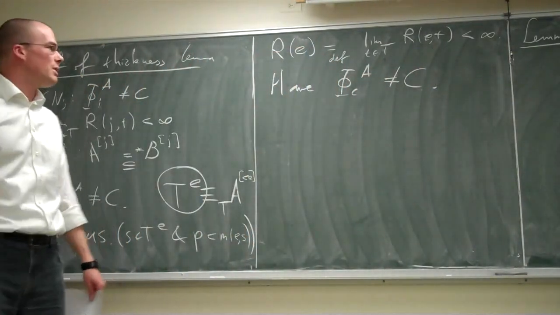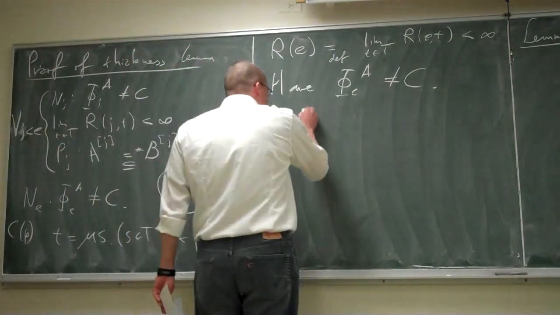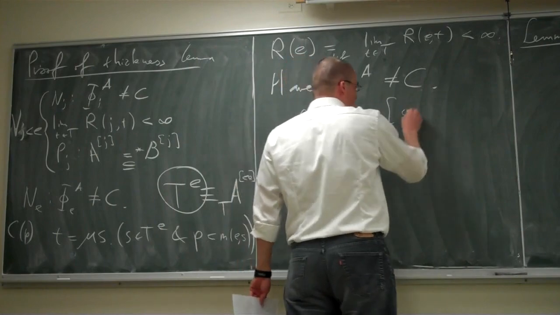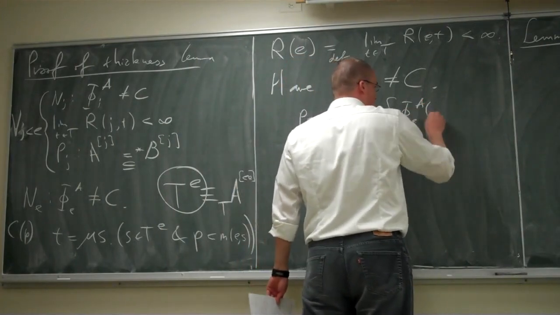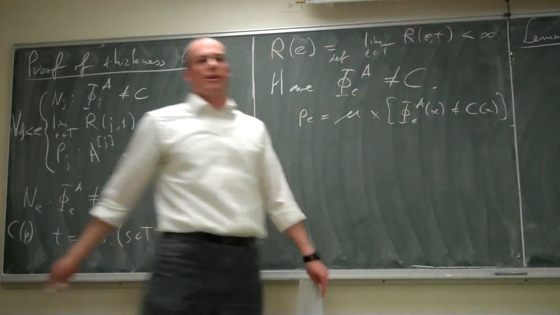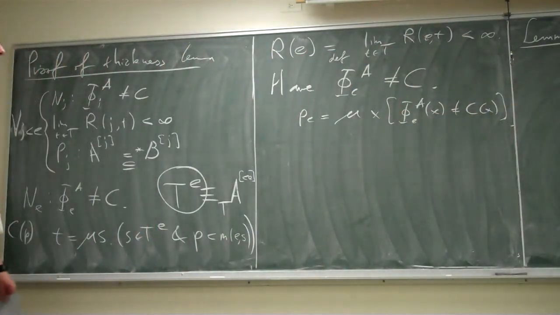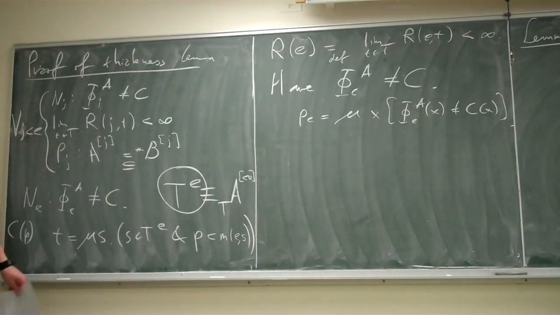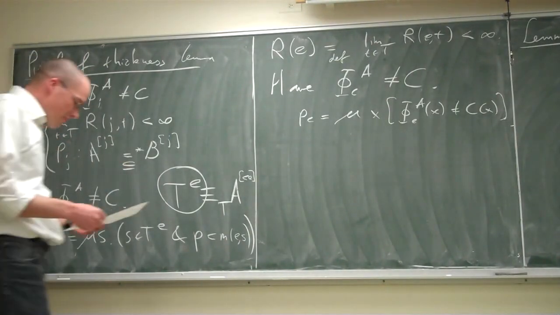We know they're different. Therefore, we can also define p_e, which is the least x where they are in fact different. Right? They are different, therefore look at the least place where they are different.